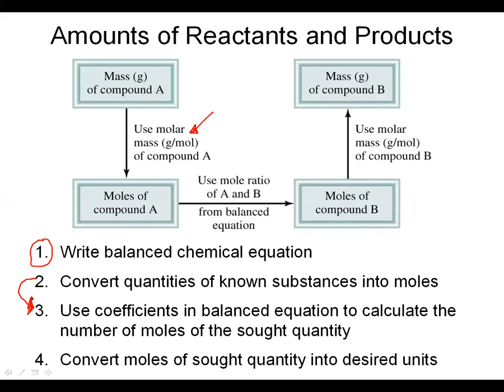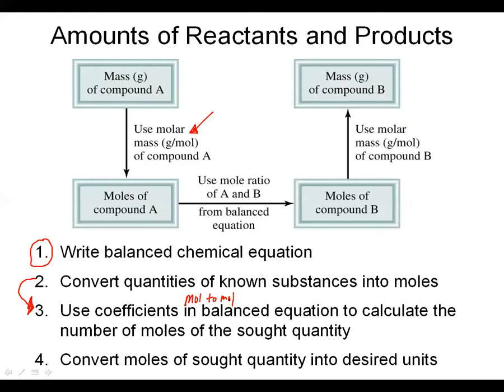The other thing is obviously what you are trying to find. And you want to find the mole to mole relationship from the balanced equation. So that's why in step number 2, you have to convert whatever they give you into moles, so that all the units will cancel out correctly. And you would use the coefficients to do that mole to mole relationship.